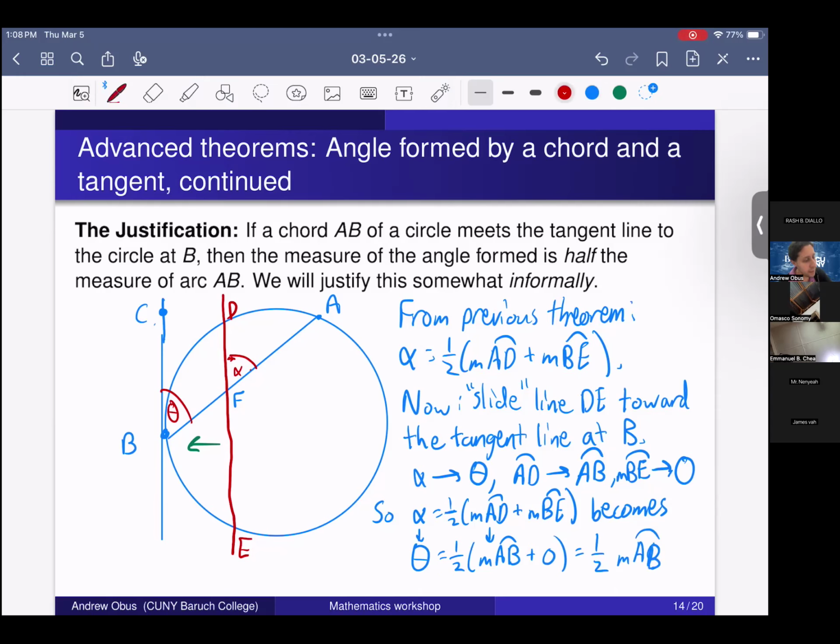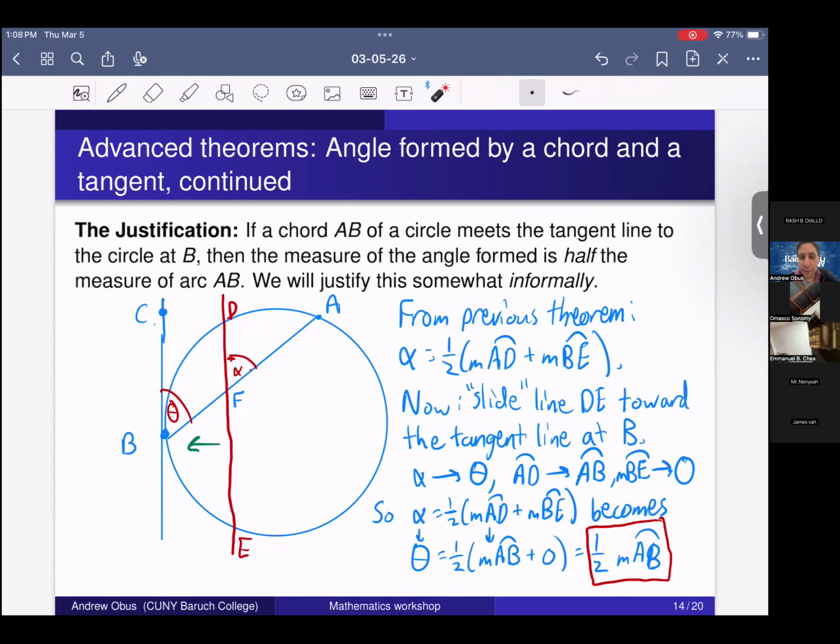And this is exactly what we want. Remember, we're saying that the measure of the angle formed is half the measure of arc AB. We start with our chord theorem, and then as we slide it over, the chord theorem just becomes the tangent line theorem.